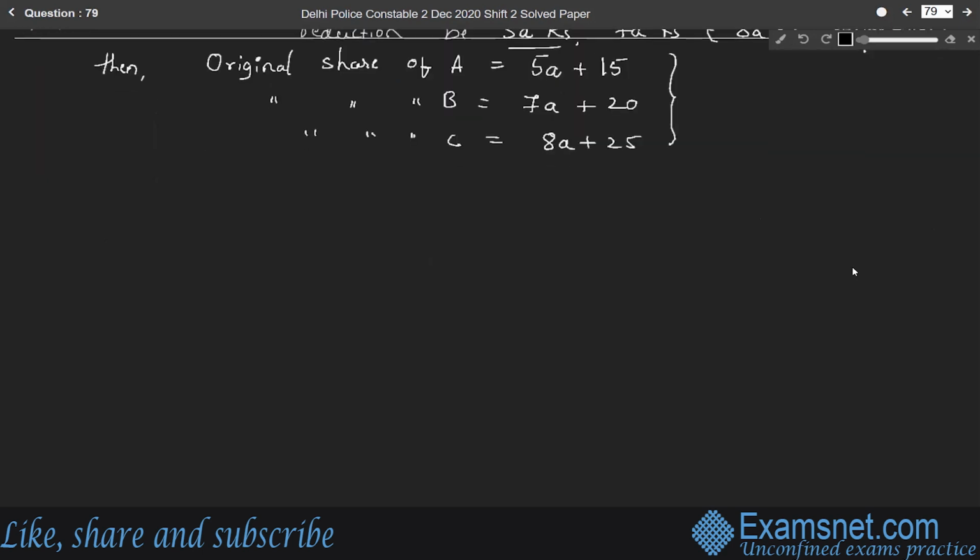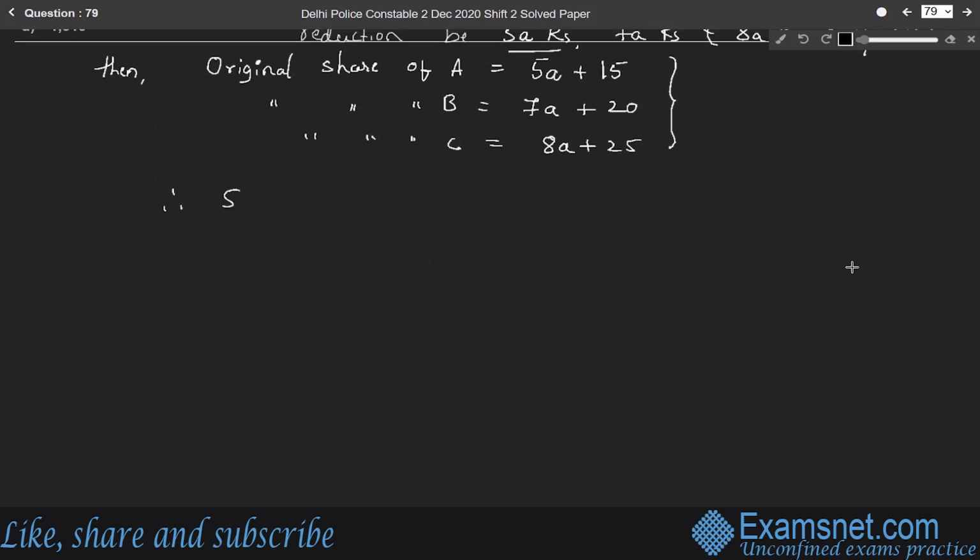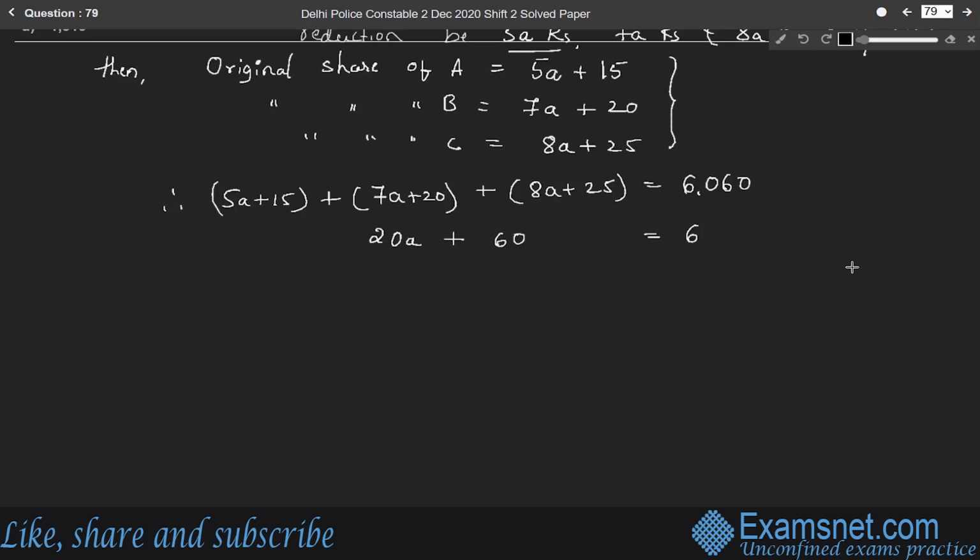Therefore, 5A plus 15 plus 7A plus 20 plus 8A plus 25 gives the total money, that is 6,060 rupees. Simplify it, 5A plus 7A plus 8A, which is 20A, plus 25 plus 20, 45, plus 15 is 60, is equal to 6,060.